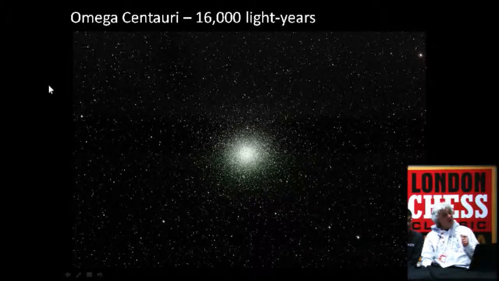And a lot of astronomers suspect that, in fact, it's not a true globular cluster formed the same way as the other ones, but is actually the core of a dwarf galaxy which was caught by the gravity of the Milky Way and pulled into an orbit around the Milky Way. And the gravity of our own galaxy has pulled the outer regions of this dwarf galaxy apart, leaving only this dense cluster of stars, which was the core of the dwarf galaxy before it was subjected to the destructive tidal gravitational forces of the Milky Way.